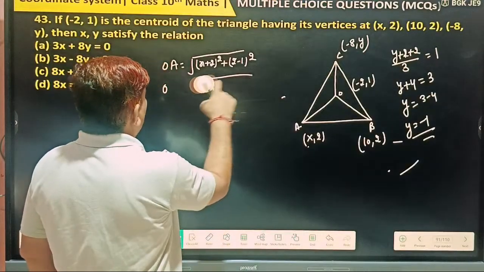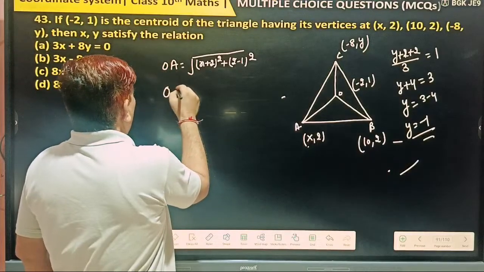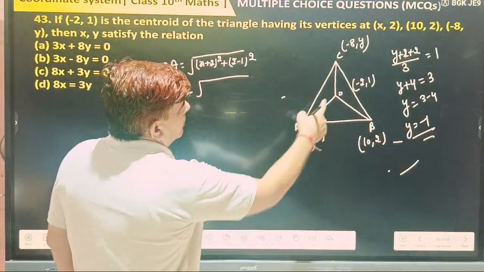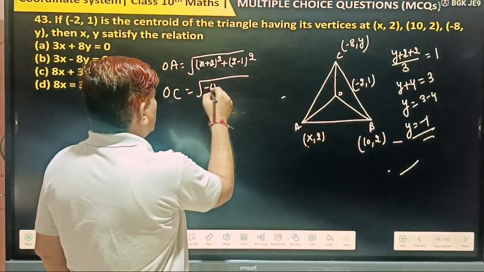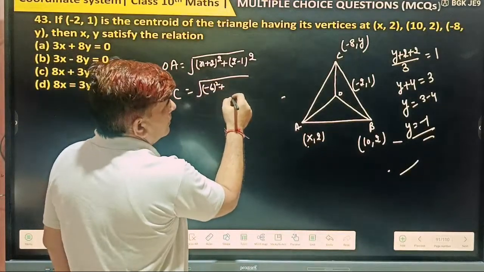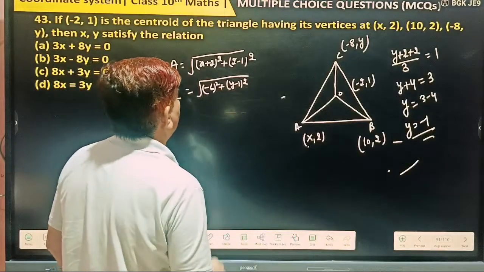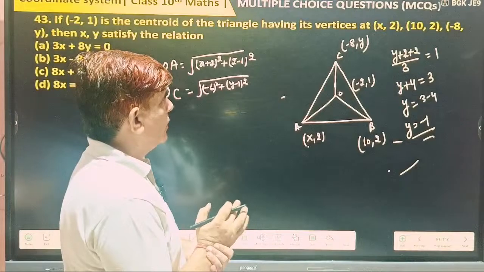See OC, OC we can find out. OC equal to under the root minus 8 plus 2, minus 6 square, plus y minus 1 whole square. Yes or no? In this way or not?